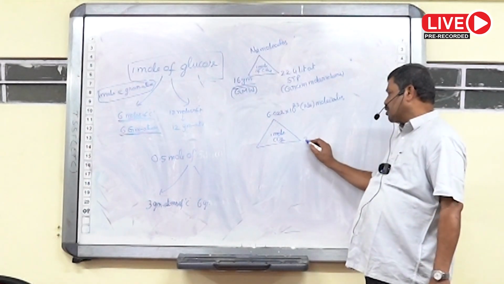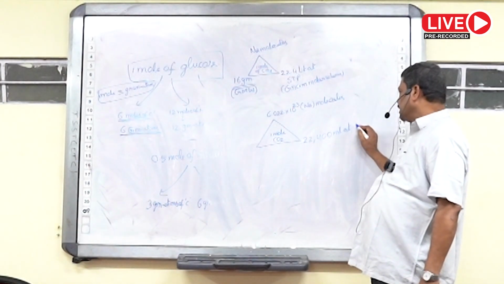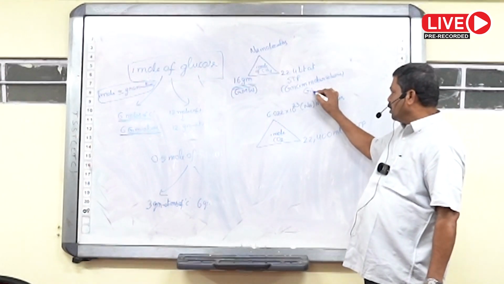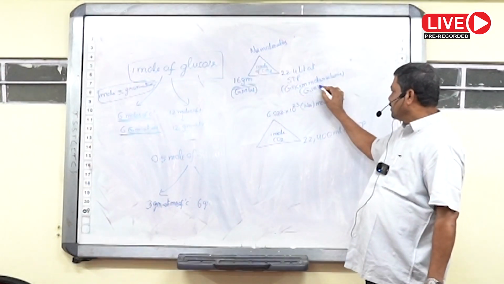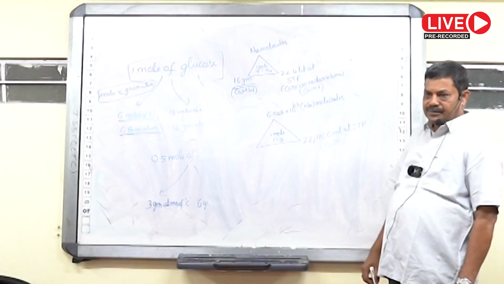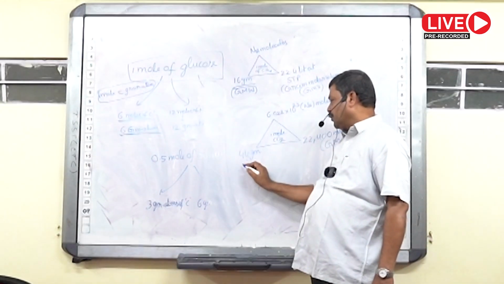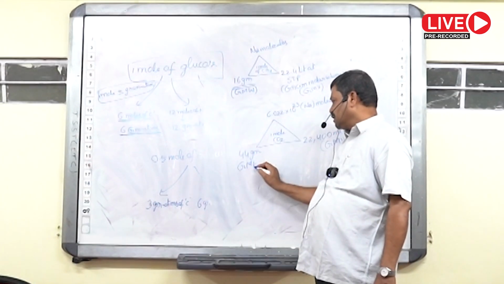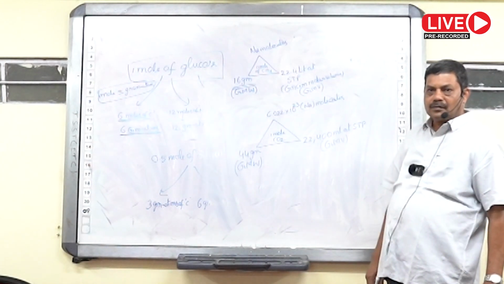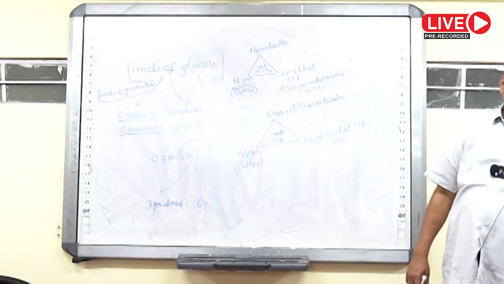That's why it occupies how much volume? 22,400 ml at STP, which is called a gram molar volume, GMV. It is equal to its molecular weight in grams, 44 grams. This is how you can create mole triangles.